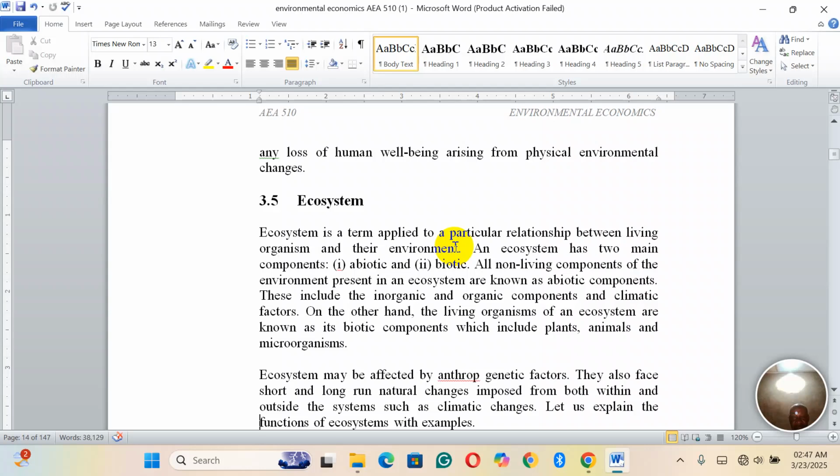This includes the inorganic and organic components, and the climate factors. On the other hand, the living organisms of an ecosystem are known as the biotic component, which includes plants, animals, and microorganisms.